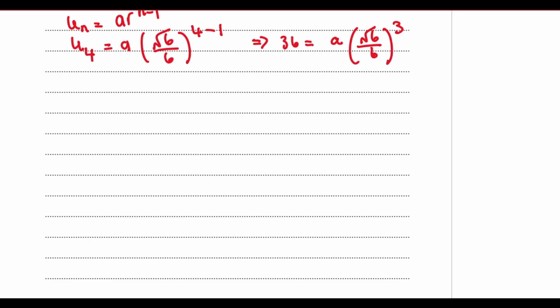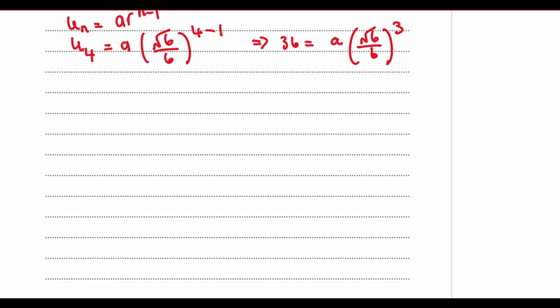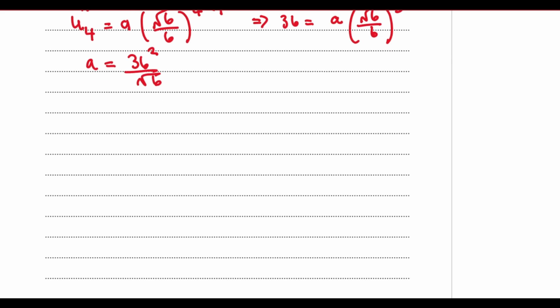Okay, you can do a bunch of rearranging over there. You'll end up having a is 36 squared over square root 6, and that's basically 1296 over square root 6.